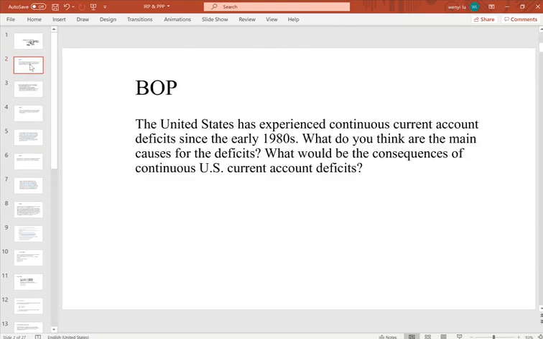The first one is the BOP account, the balance of payment. The BOP account is a balance sheet, so every transaction will be double entered into the balance of payment. For the BOP account, we have three accounts. The first one is the current account. The next one is the capital or financial account.